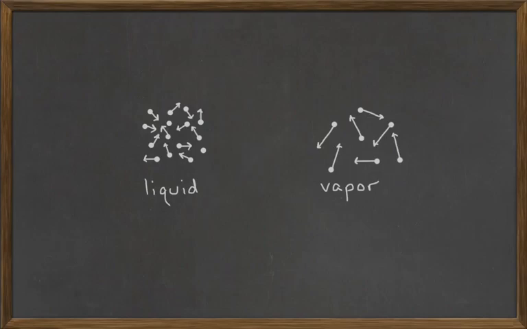Now let's suppose that we have some process that causes some of the molecules in the liquid phase to go into the vapor phase, which of course is evaporation, right? Liquid to vapor. So we've got evaporation occurring. In order for this to happen, we're going to have to take some of these molecules over here in the liquid phase, that were bouncing around in a lower energy state, and bump them up to a higher energy state so that they can become vapor, because the vapor molecules are bouncing around faster.